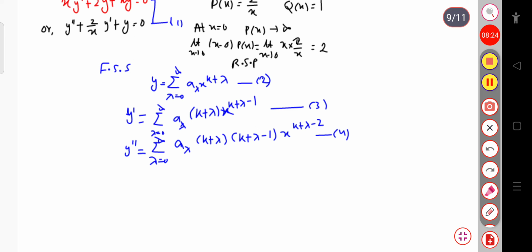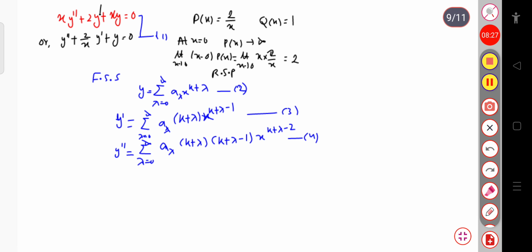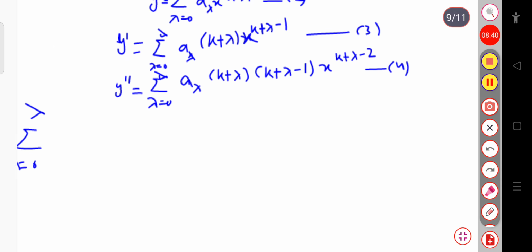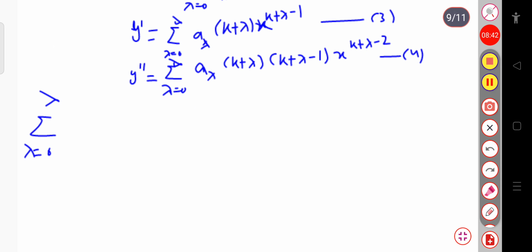So you can see here, this equation becomes the sum over lambda 0 to infinity. First of all I will write this y double prime term in total: a lambda into k plus lambda into k plus lambda minus 1 into x power k plus lambda minus 2.